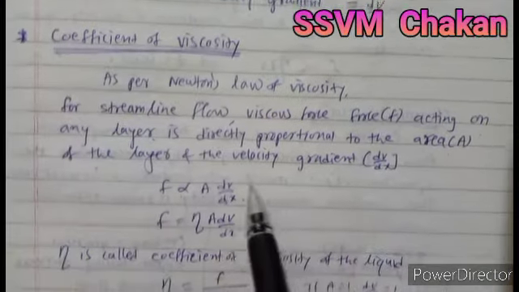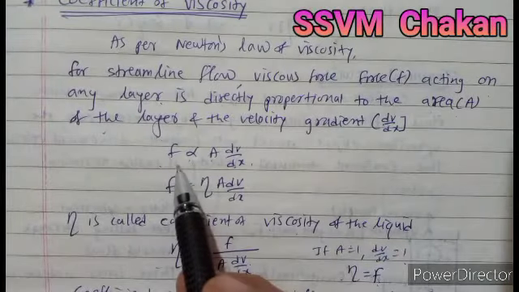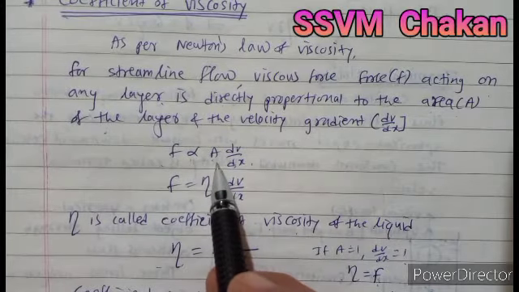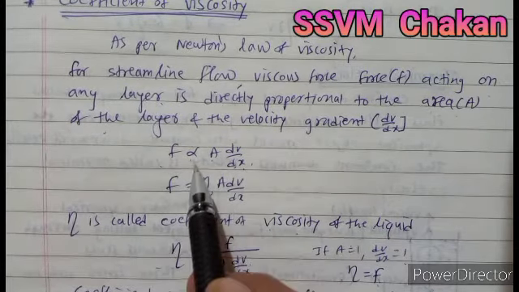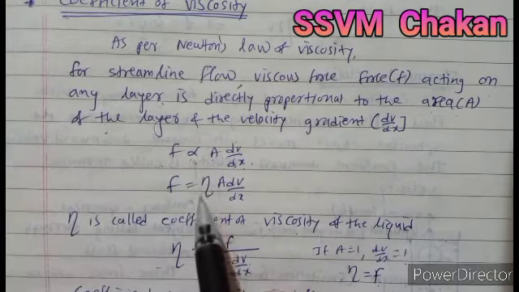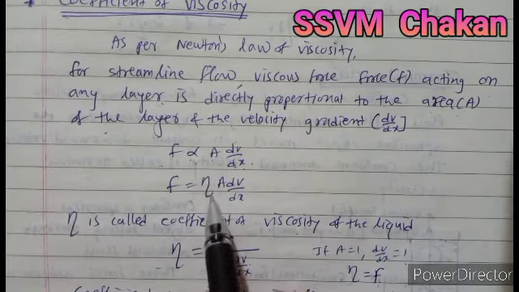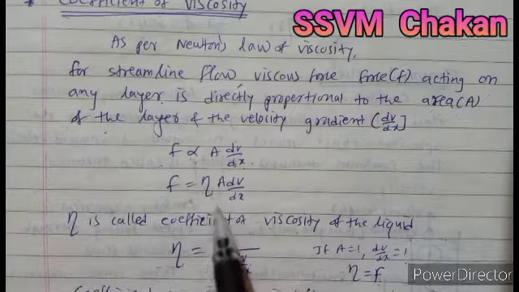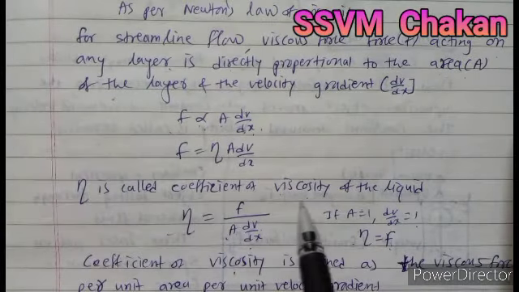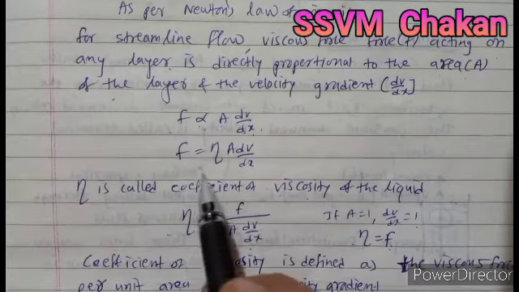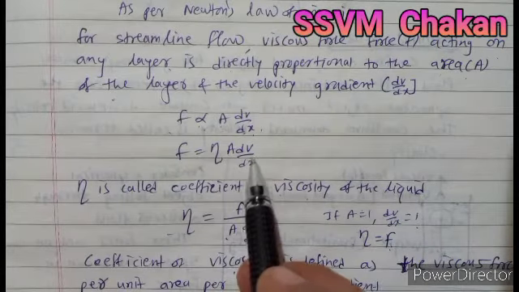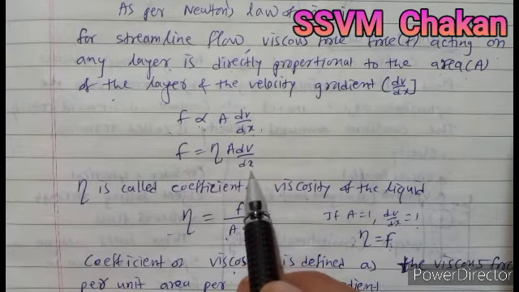It can be written in mathematical form as F proportional to A and dv by dx. To remove the proportionality sign, we take a constant called eta, and this eta is known as the coefficient of viscosity of a liquid. So F is equal to eta A dv by dx.